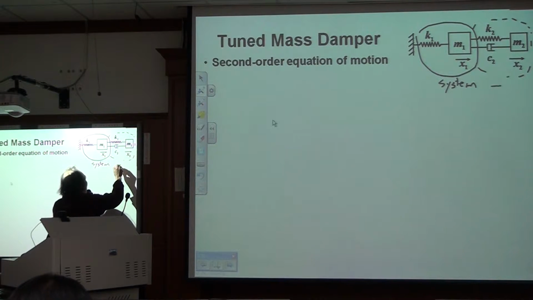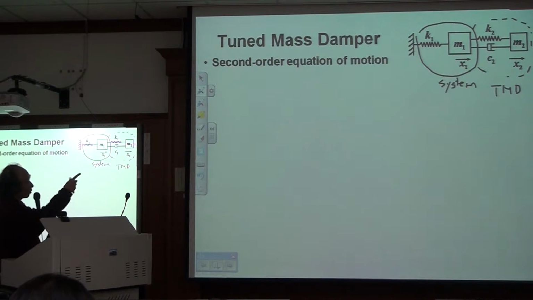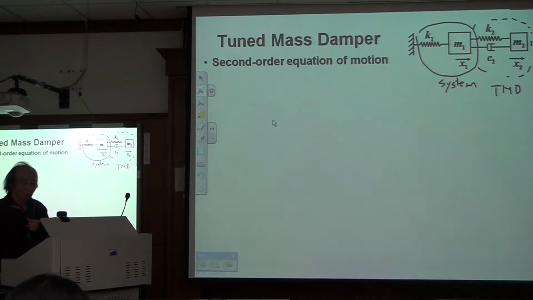So everything with subscript 2, we define as representing the tuned mass damper.